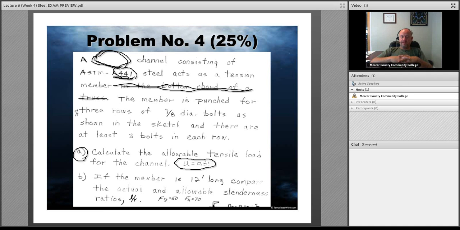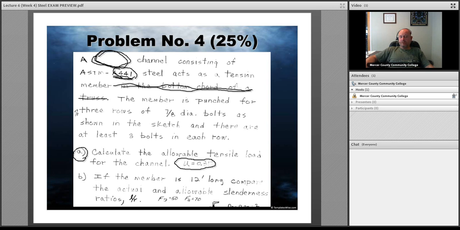So FT2 is the same as the previous problem, which was 0.5 times F sub U times Ag. It's exactly the same thing: area of the whole thing minus area of the holes. The only difference is you then take that whole thing and multiply it by this U factor.